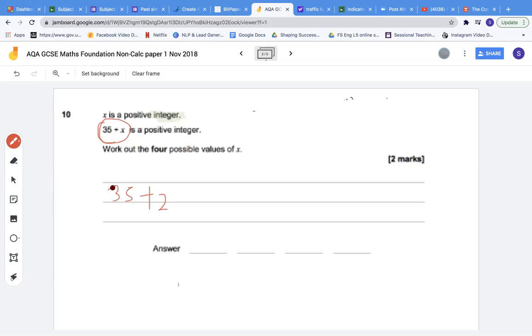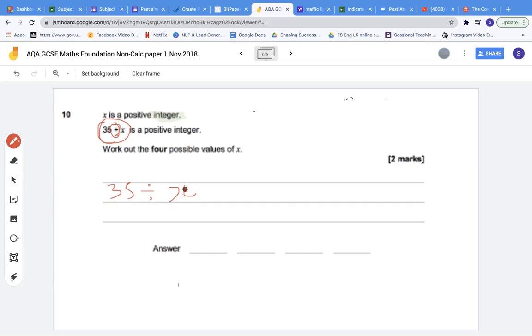No, sorry, it's not plus. That's division. Sorry, my friend. The copy is not very good, because I've had to screen print it. So just bear with me. 35 divided by x.